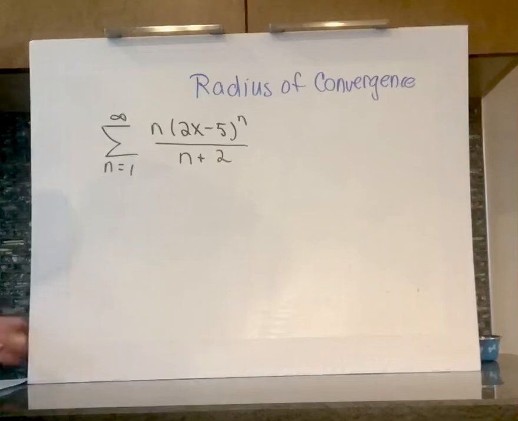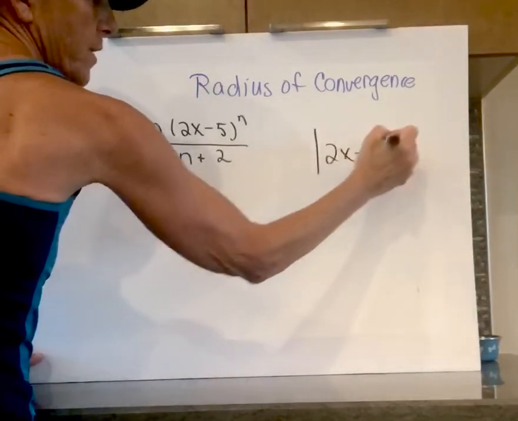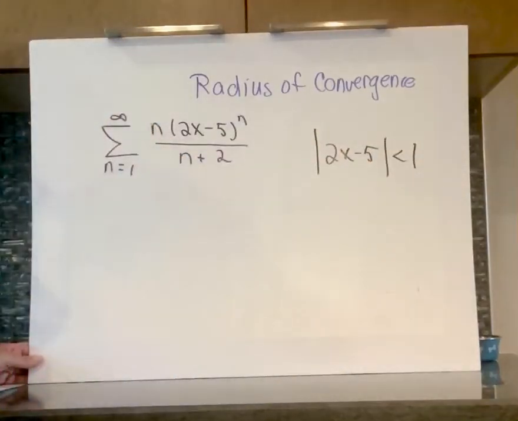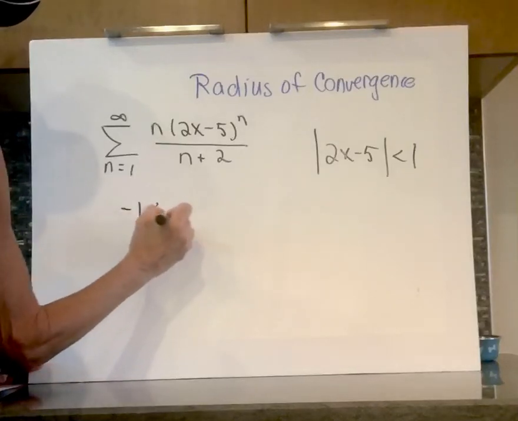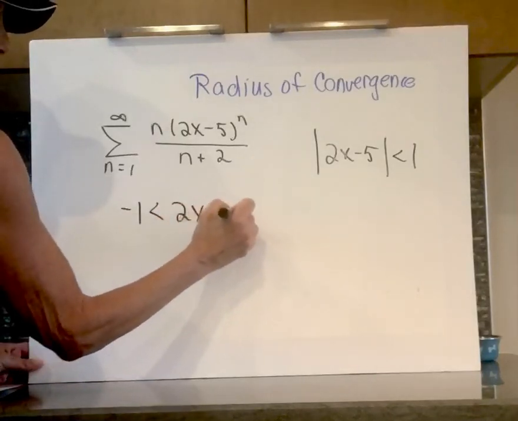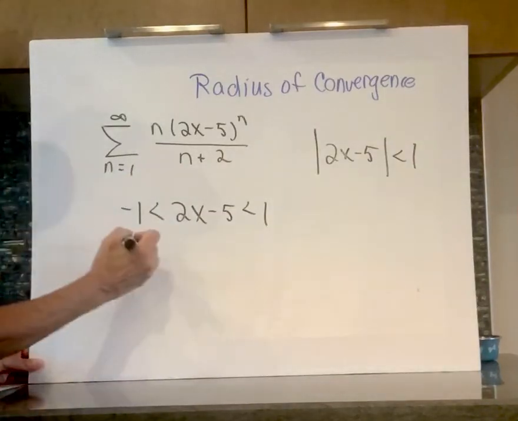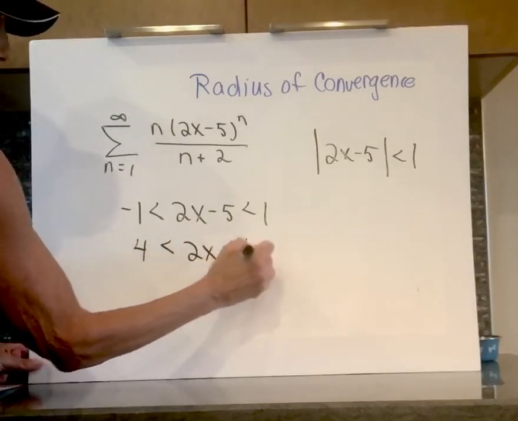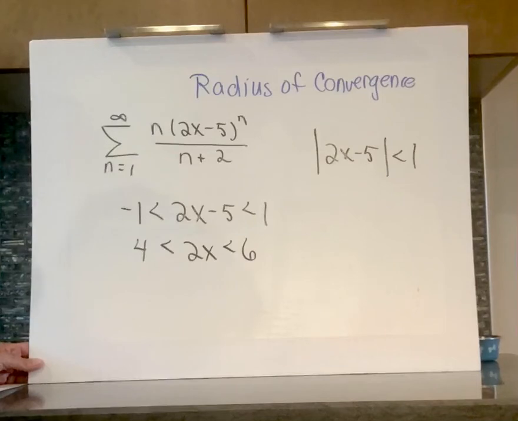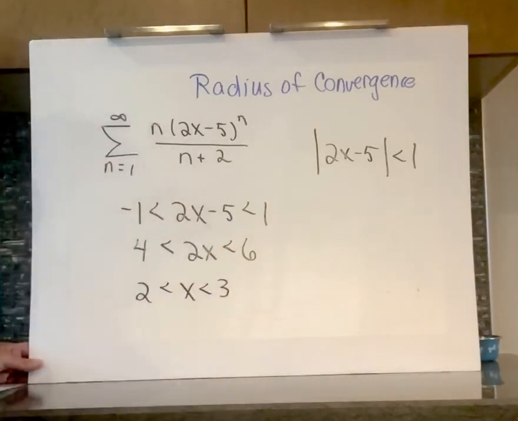I'm skipping a few steps. And this is what we do: absolute value less than 1. Put it between negative 1 and positive 1. Negative 1 less than 2x minus 5 less than positive 1. Add 5 everywhere: 4 less than 2x less than 6. And one more time, divide through by 2, and you get 2 less than x less than 3.